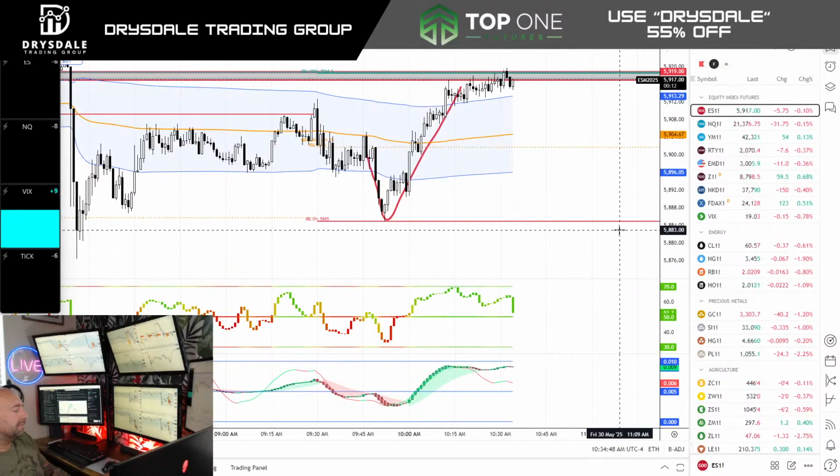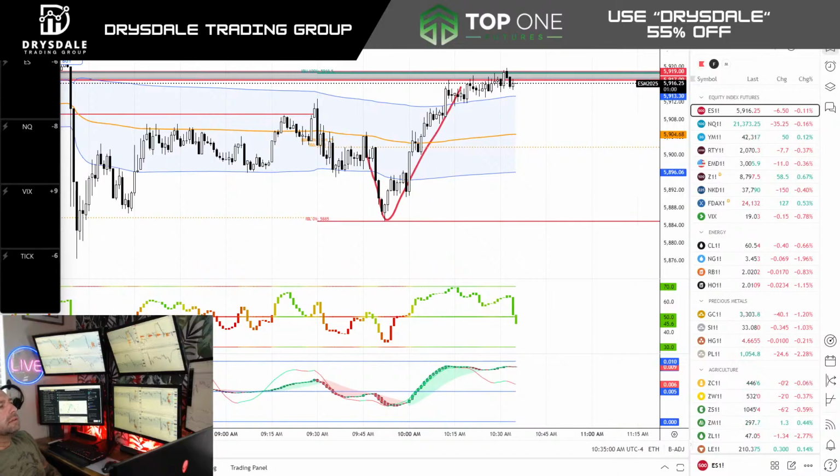So I like that. If we can clear this area, we might get a nice runner into price discovery. So just trying to be patient. So far, it's looking like a rejection.